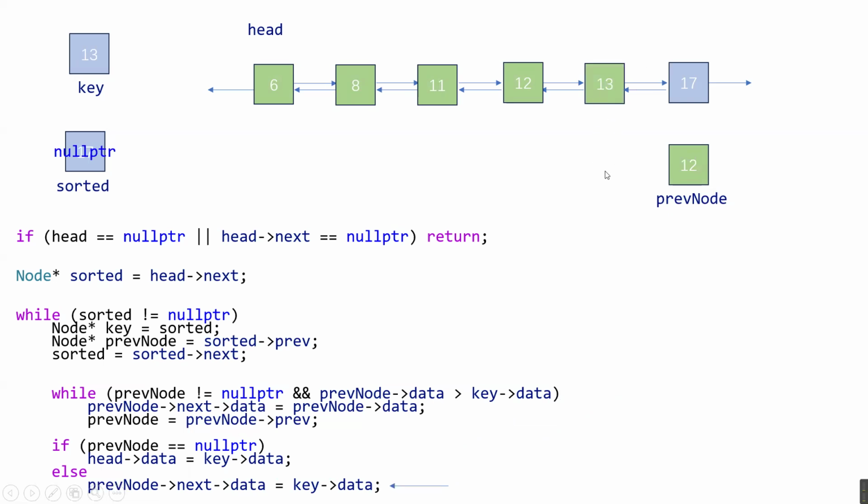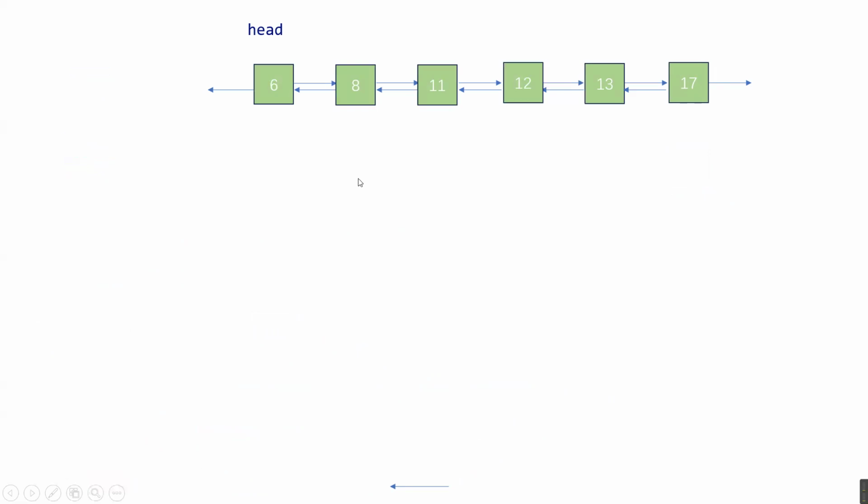Very simple. And again, the next is similar to the previous time step. We traverse and set the previous next equal to the key's data, which will become this one. So finally, that's all the process of a doubly linked list insertion sort.